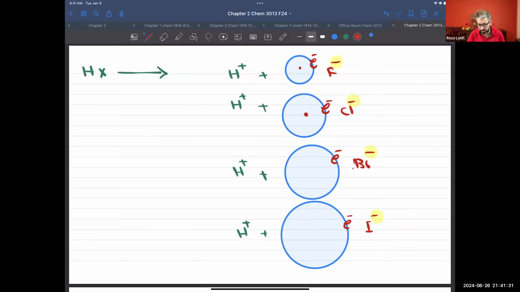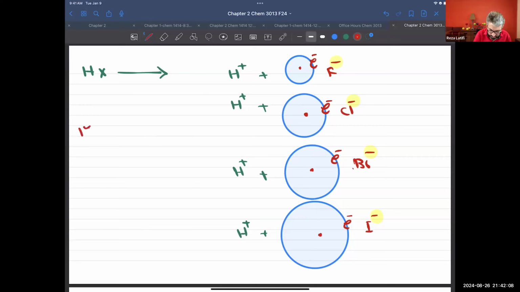They do have a bunch of electrons, and a new electron is going to have some repulsion with them. The new electron is not really welcome unless it cannot sense those electrons, or maybe it's too far from them. The one that has the biggest size can easily accommodate the extra electron. So we say iodide is more capable of handling the extra electron.